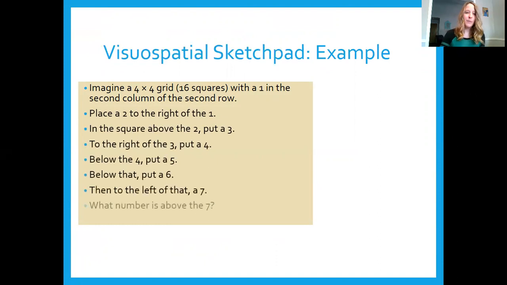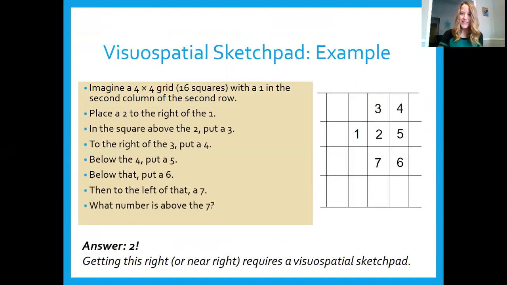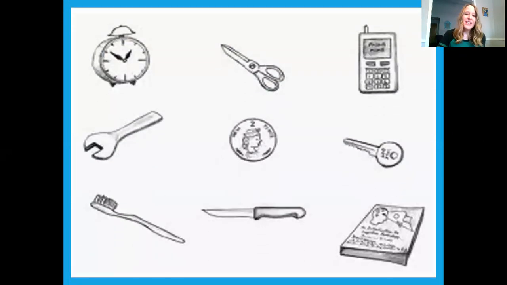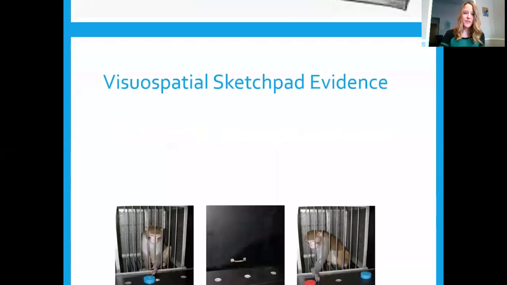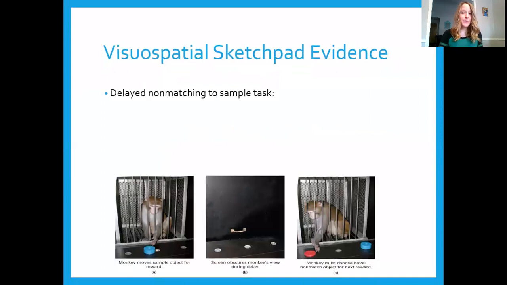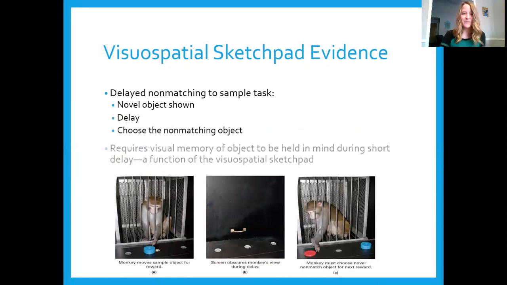So I had quite a bit of trouble with this because I'm not good at spatial visualization or kind of mental spatial tasks. We can also test the capacity of the Visuospatial Sketchpad by presenting pictures instead of a word list to memorize. Also read in your book about the test of visuospatial working memory in non-human primates.